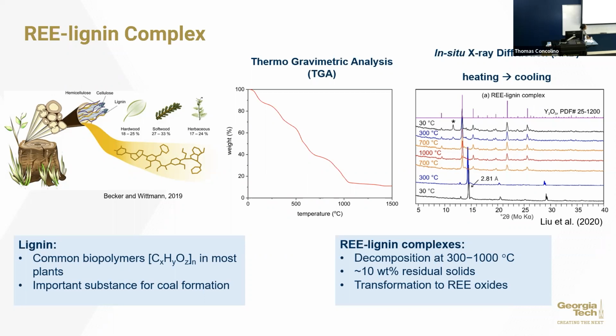We heat the samples up and then cool them down, and then we monitor the change in mineralogy during this process. What we found is REE lignin complexes decompose at about 300 to 1,000 degrees C, and there's about 10% residual solids, and all the REE lignin complexes are transformed into REE oxides. Not surprising.